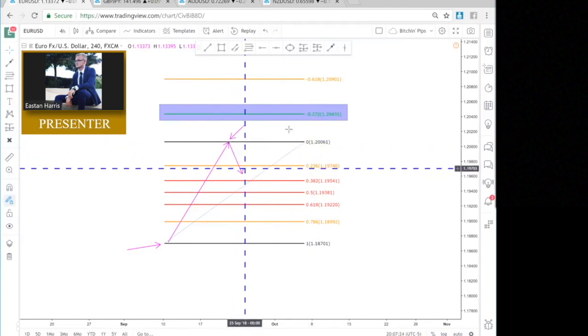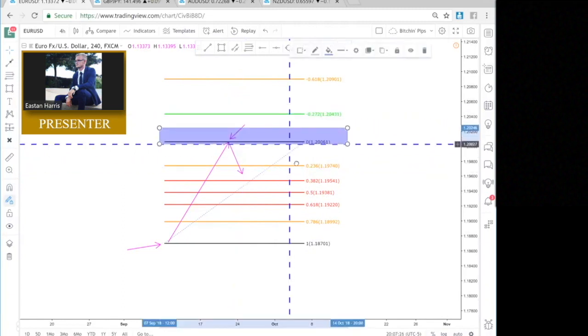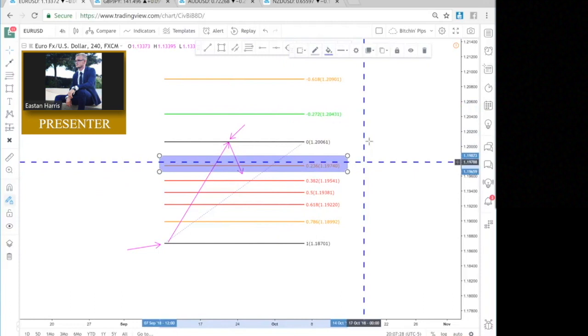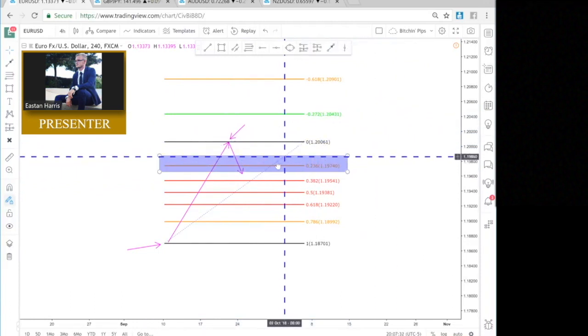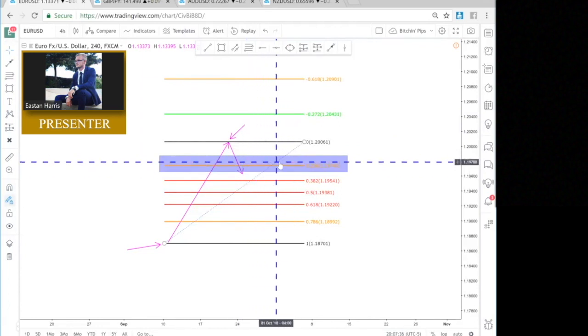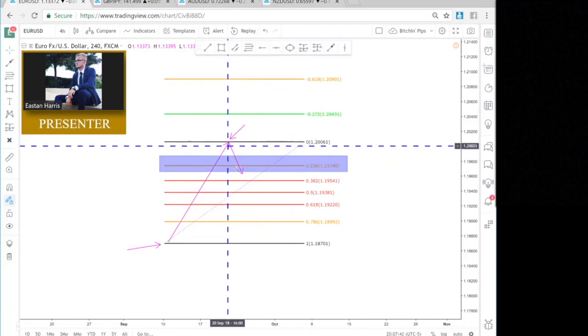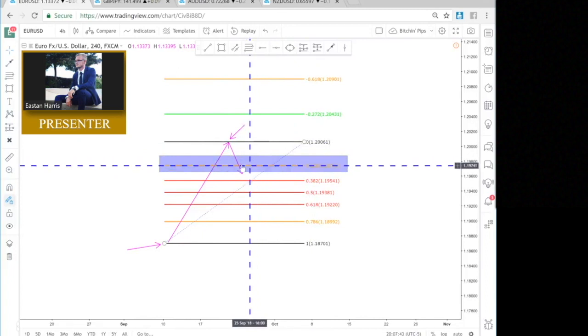This black line here, 0, is just the end of this push where it started to retrace. This level, the 23.6, you can see price react from here. Now, me personally, I don't like taking trades from the 23.6. I like to use it as confluence when I'm drawing my fibs, and I just like to see that price interacts here a little bit on both sides.